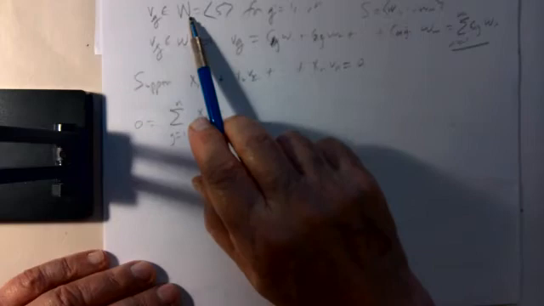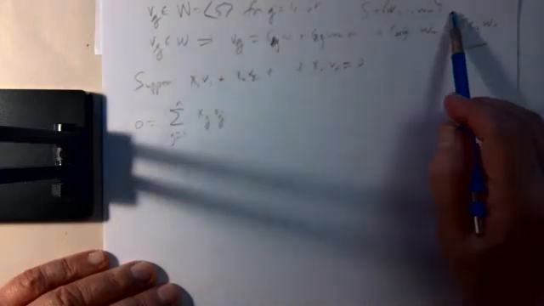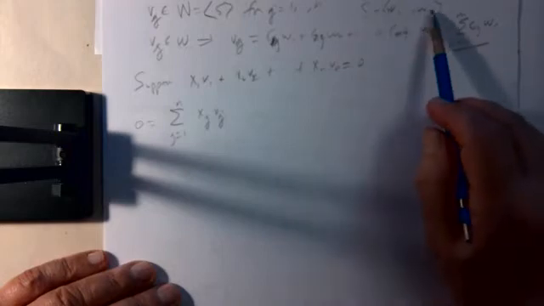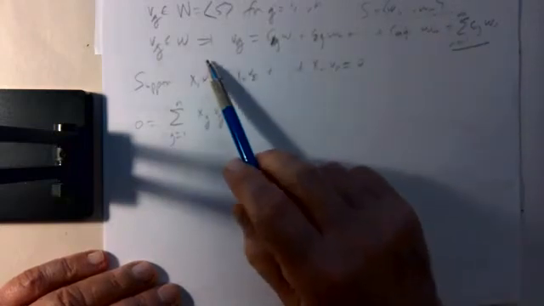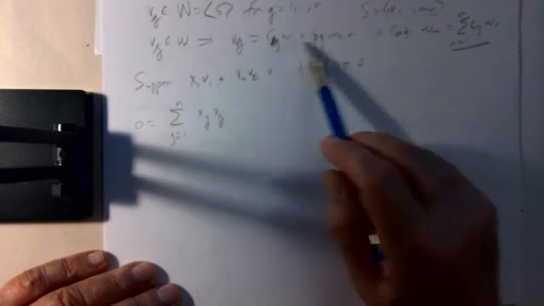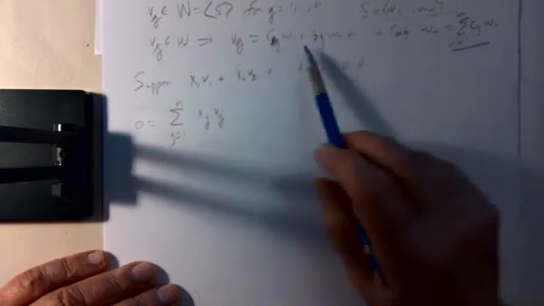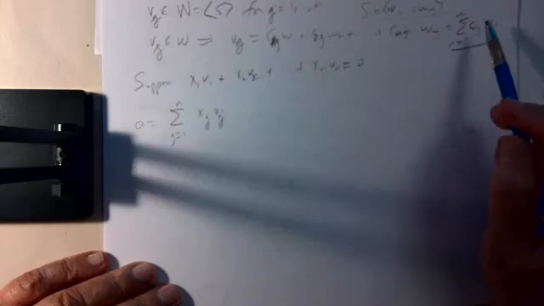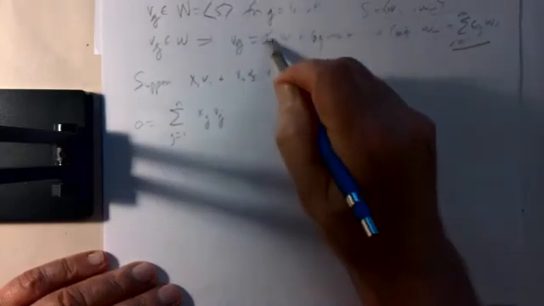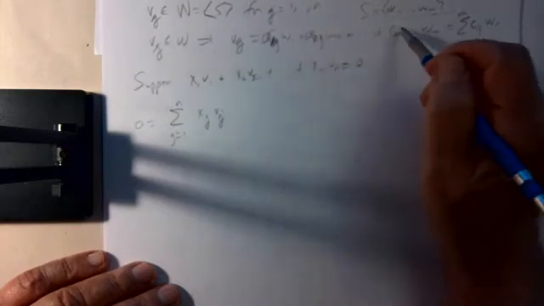W is a subspace of the vector space generated by these m vectors. So every vector in the subspace is a linear combination of W1 up to Wm. So for every j from 1 up to n, Vj is in the subspace, so Vj is a linear combination of W1 up to Wm, and the coefficients are these C. Let me use A. Doesn't really matter.